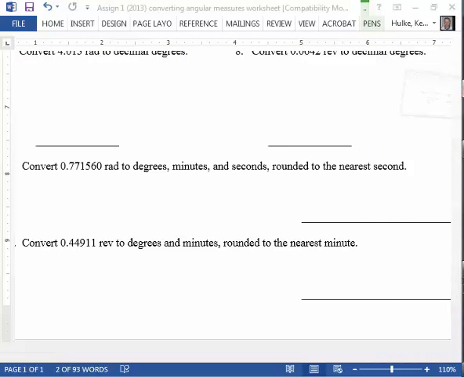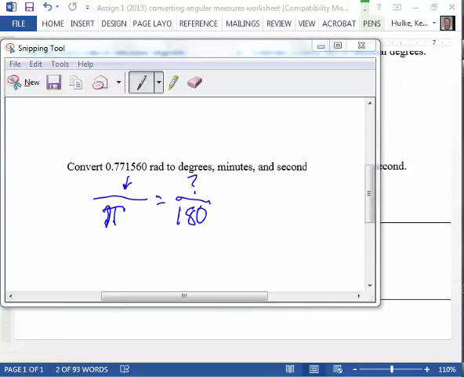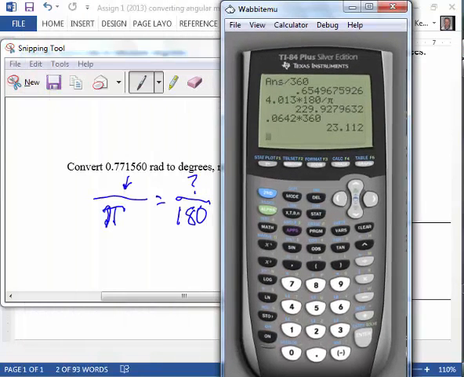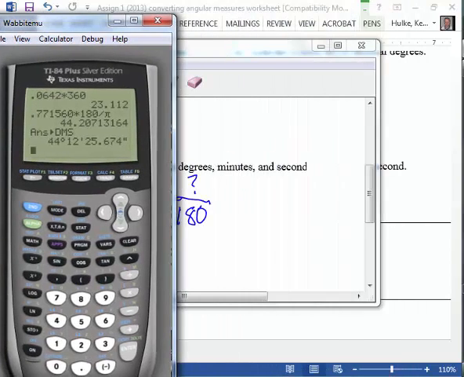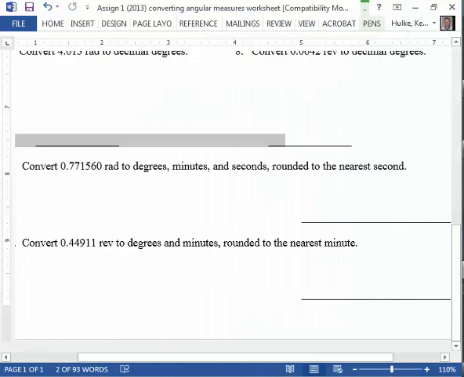Oops. 0.77156 times 180 divided by pi is, but we want that answer in degrees, minutes, seconds, and so we'll get 44 degrees, 12 minutes, 26 seconds.